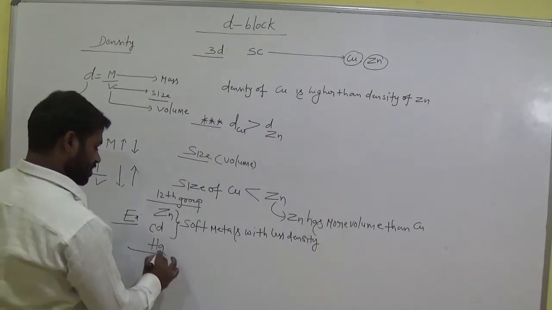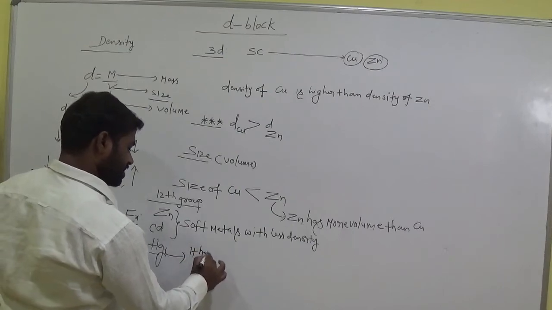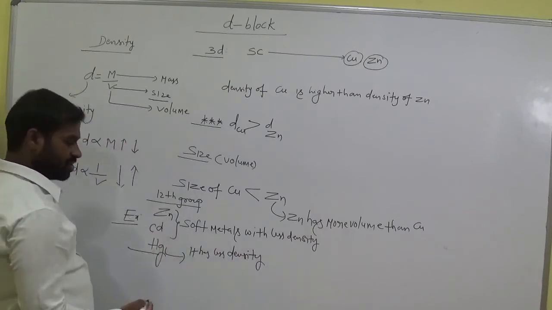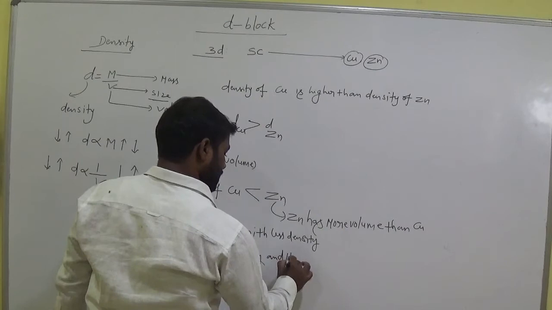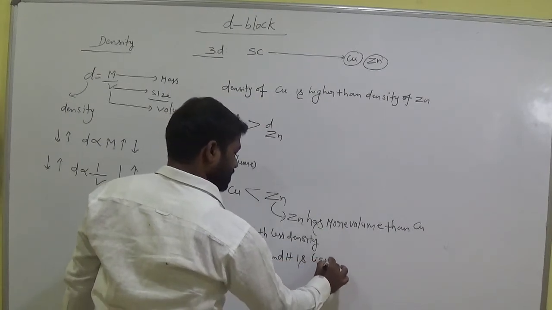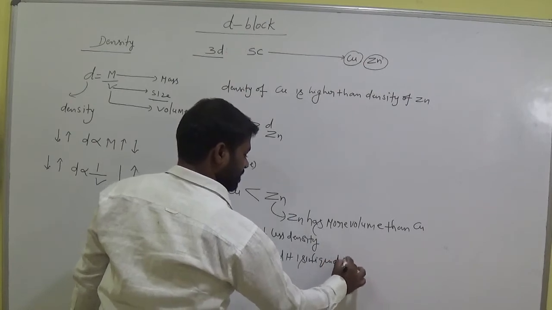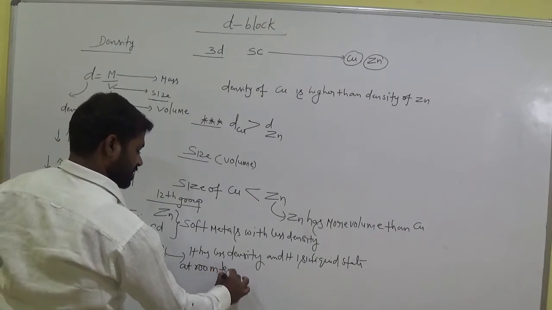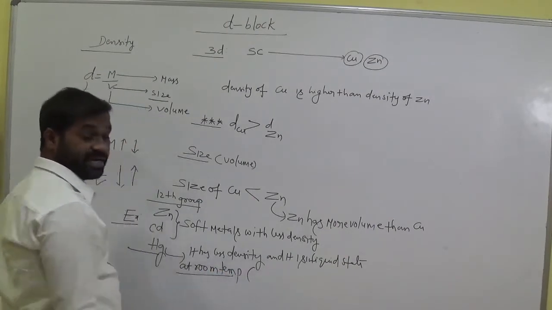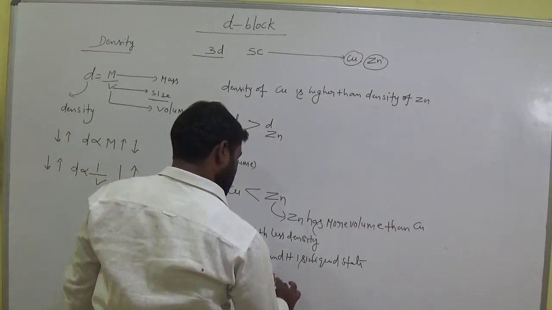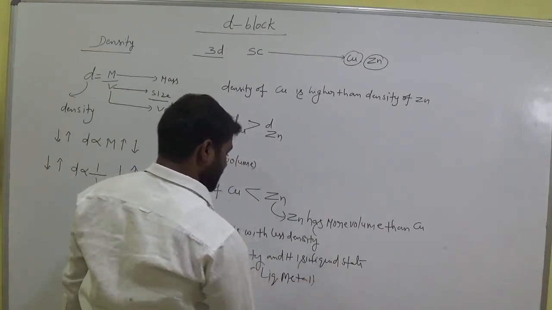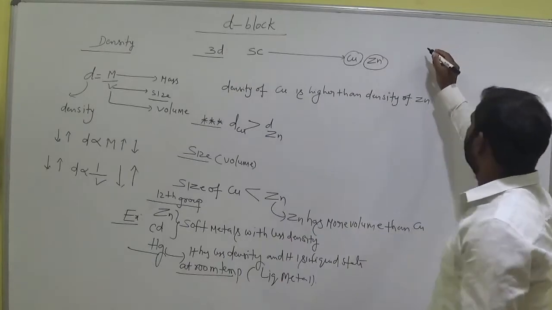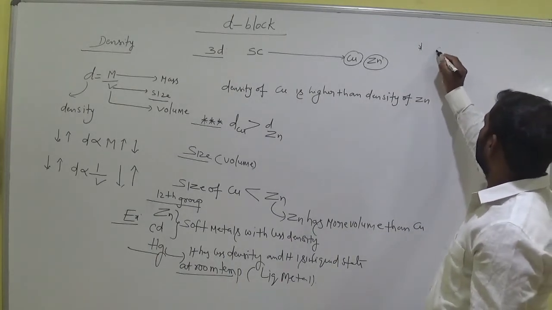And mercury, very well known, also has less density, and it is in the liquid state at room temperature. It is a liquid metal. Clear?